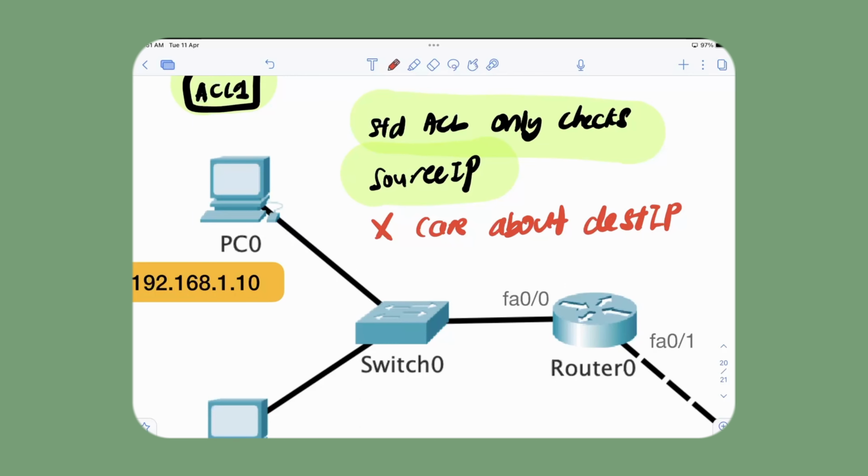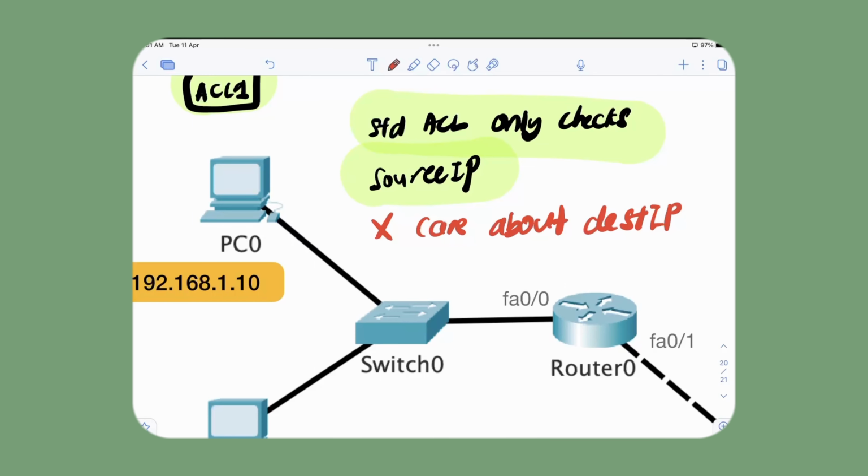So when we do standard ACL, when we ask the router to check whether this packet is allowed or not allowed, the router will only check the source IP, meaning who is the sender. That means if you write a blacklist to block people, like block PC0, the router will check: is this packet coming from PC0?